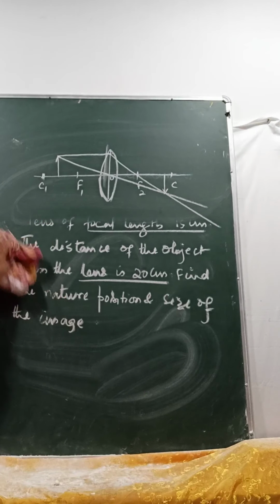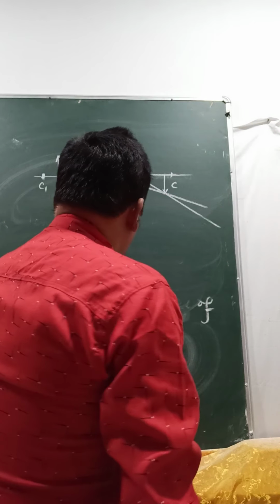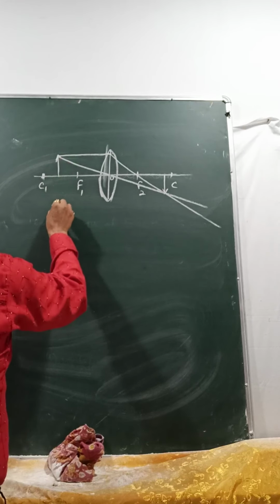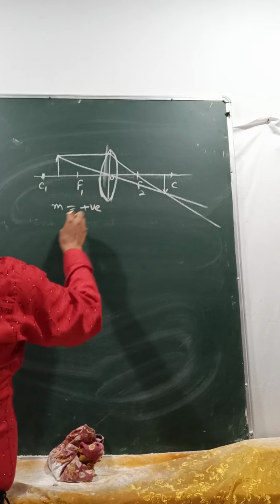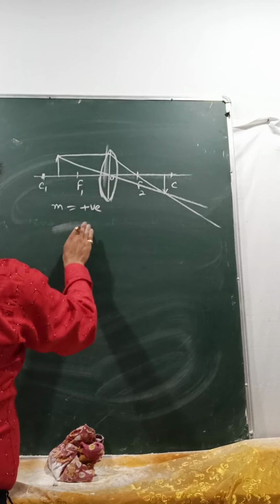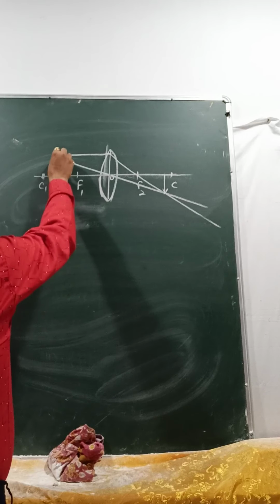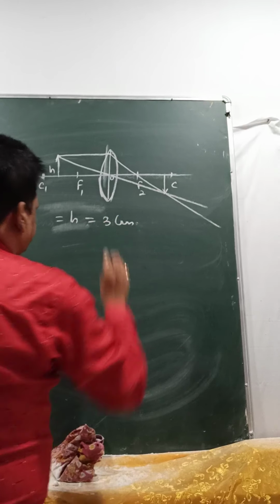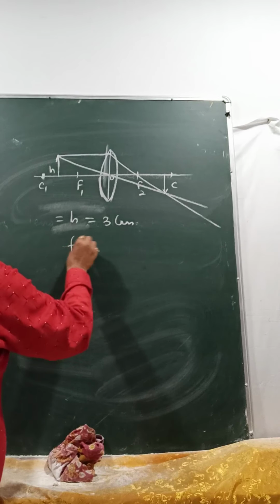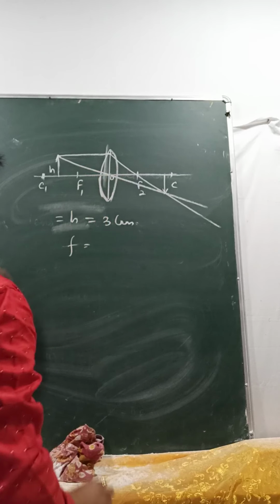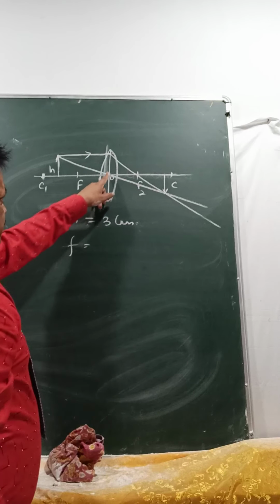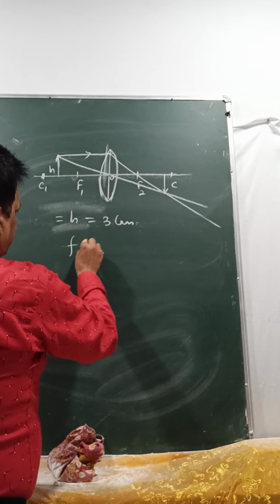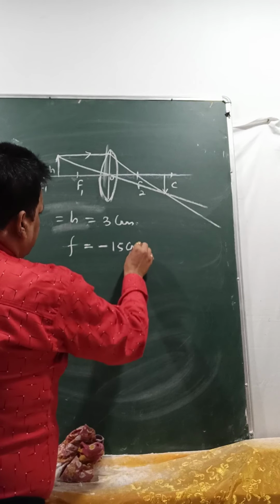Okay, now let's calculate what is given to us. Perpendicular to principal axis, that means M is positive. And height of this object equals 3 centimeter. Focal length is measured from optical center, against the direction of ray, so this is negative, minus 15 centimeter.